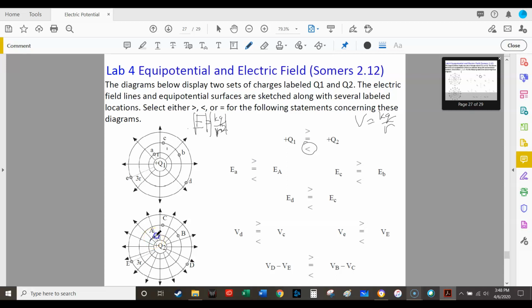In fact, you could see that there's a higher density. The density here is weak, the density here is a lot more. Well, that's going to tell me that the electric field at capital A is going to be greater than the electric field at lowercase a. Cool.